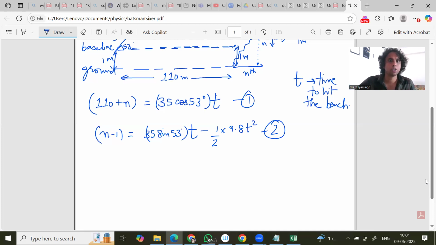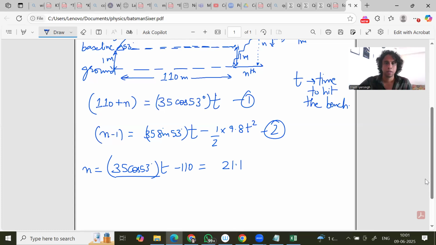So from equation 1, I have n equals 35 cosine 53 times t minus 110. And 35 cosine 53, if you do your calculations, is around about 21.1. So 21.1 times t minus 110.